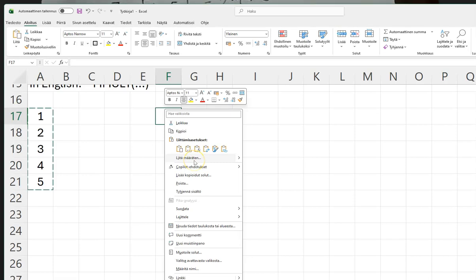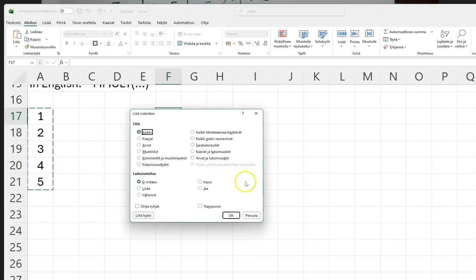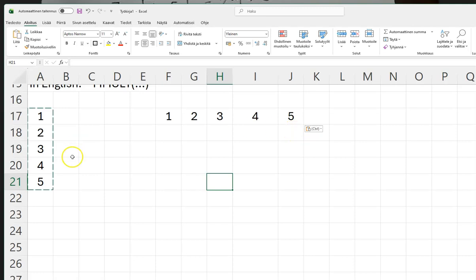I chose that, and here you can see the last one, transponoi, in English transpose. I select that and press OK. So this will give us the transpose of those numbers, and now it painted it in a horizontal position.